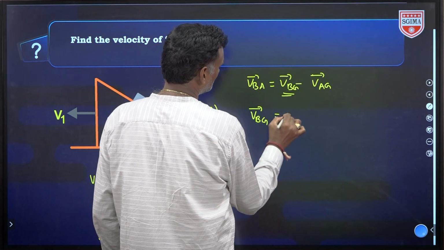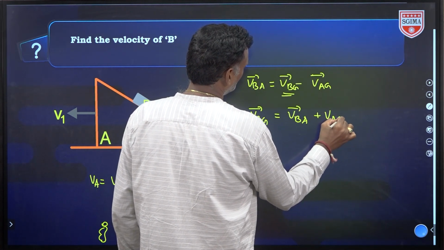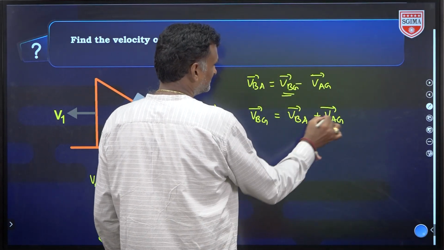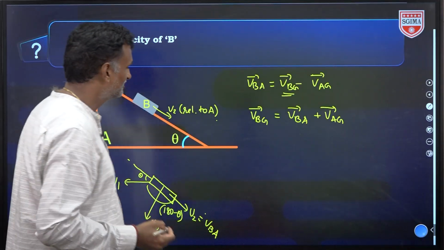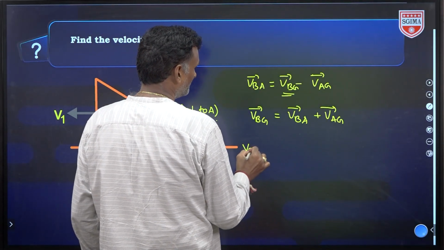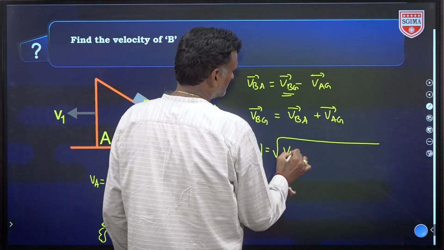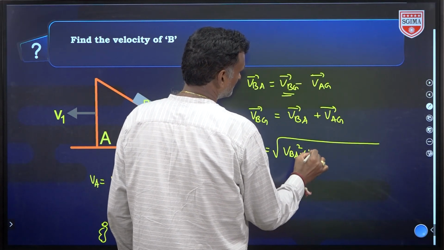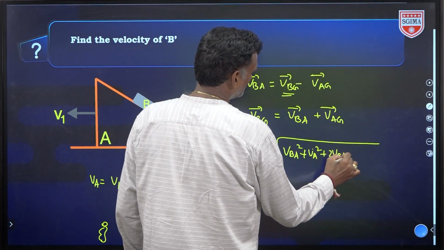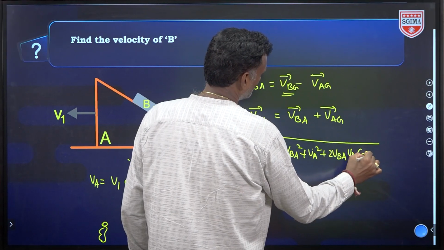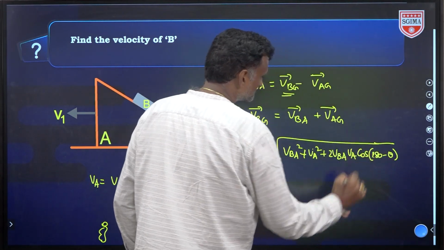VBG equals VBA plus VAG. Okay, but if these have some angle, then we should follow vector addition. So that is VBG magnitude equals root over VBA squared plus VA squared plus 2 VBA VA cos(180 minus theta). This is the answer.